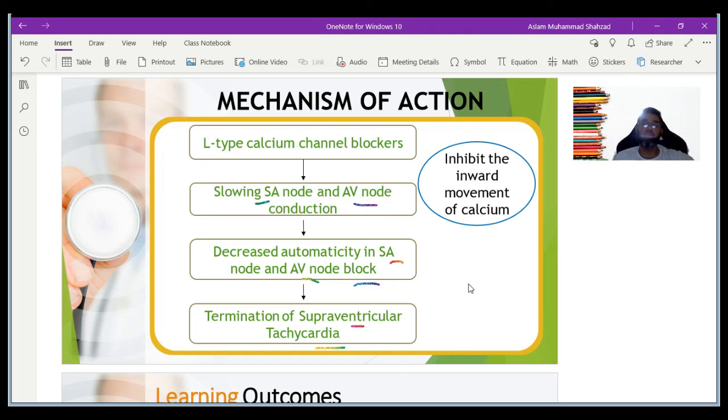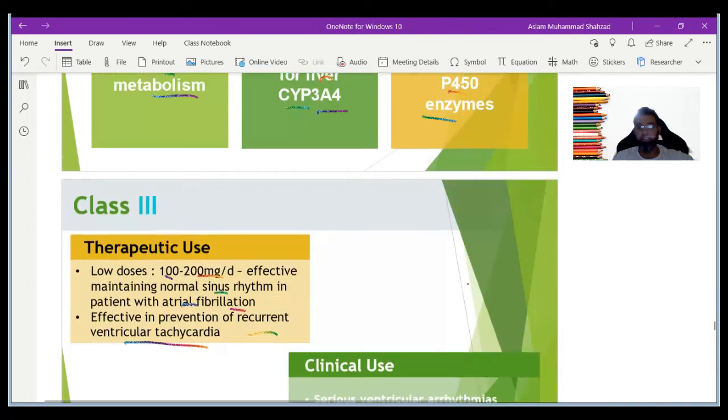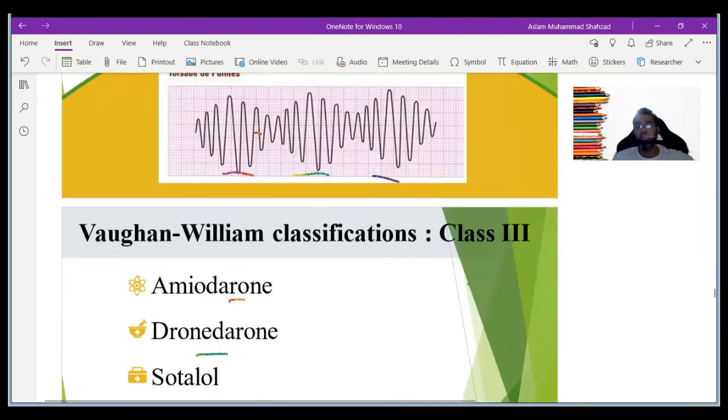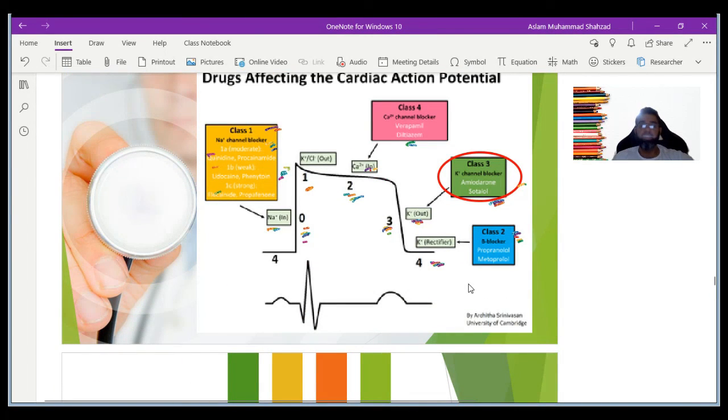So they inhibit the inward movement of calcium. If we go back to the previous slide, it mentions that calcium channel blockers work on phase 2, so the calcium uptake will be decreased in that phase, and it could be effective in that way.